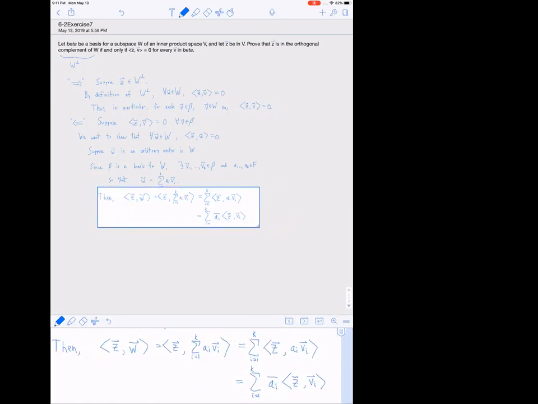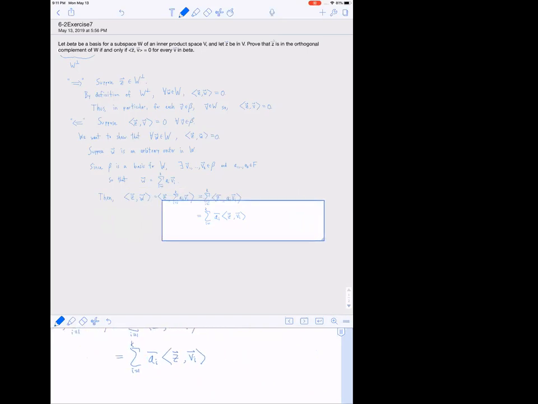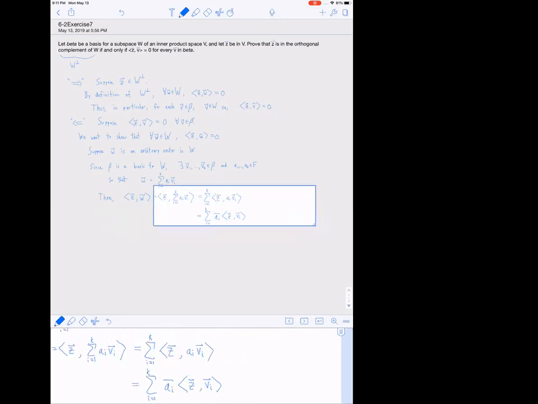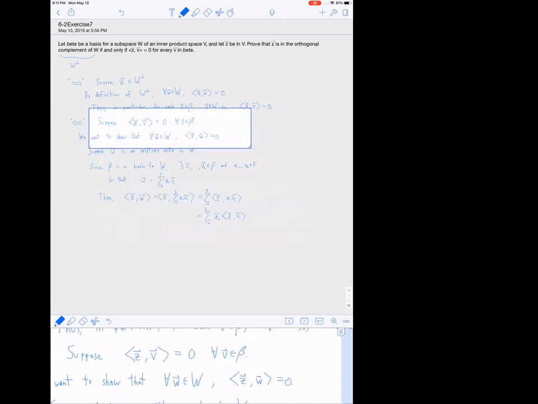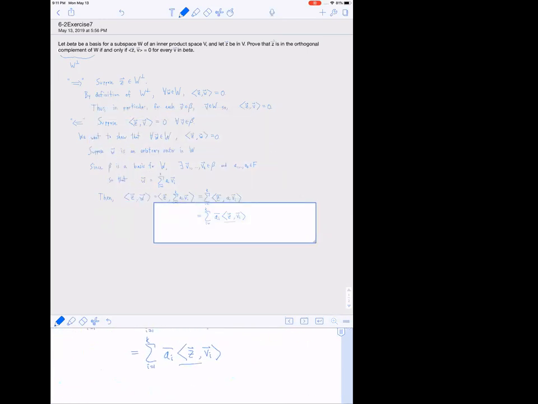So the inner product of Z with W is equal to a sum of the complex conjugate of the scalars times the inner product of Z with each of these VI, but now by the supposition, Z inner product with any vector from beta is equal to 0. So each of these pieces right here is 0. So even though there are coefficients there that are complex conjugated, it doesn't matter. This is a sum of zeros and therefore is 0.